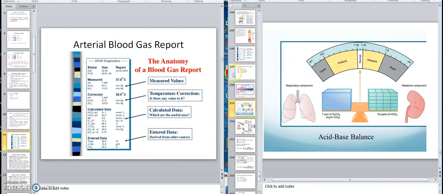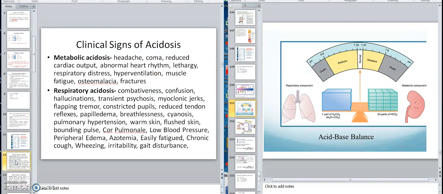So that's the normal. Now we start getting into clinical signs of when you get out of range. Okay, so I'm going to close this one. We've done now acid base recording A.